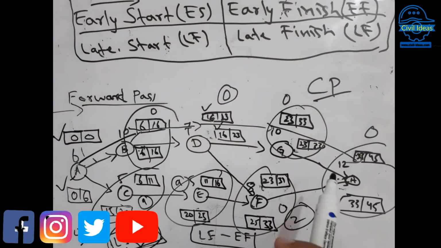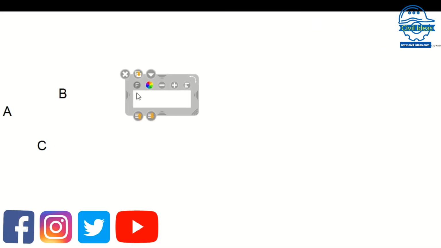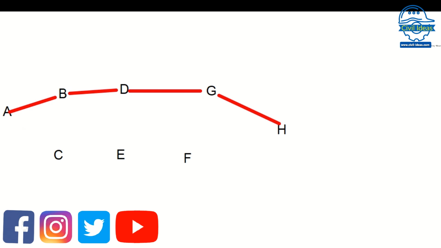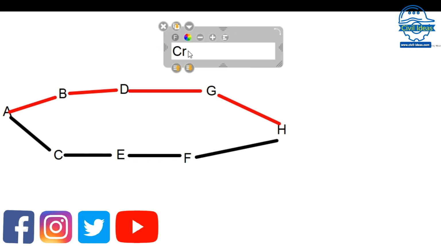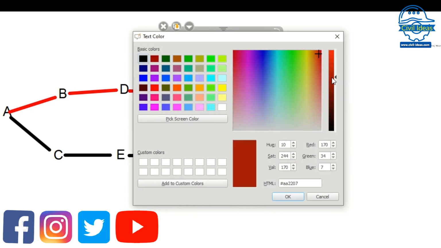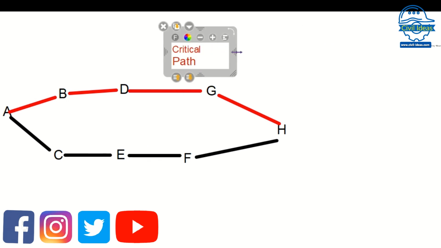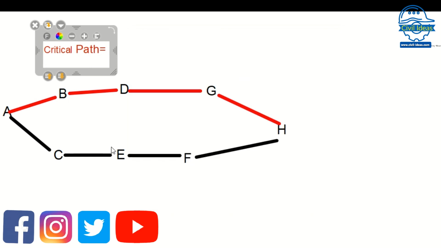That way you can find the critical path in any project. We have discussed an example, you can see here, and no activity on this path can be delayed, while the whole project is dependent on it, as there is no slack on this path.